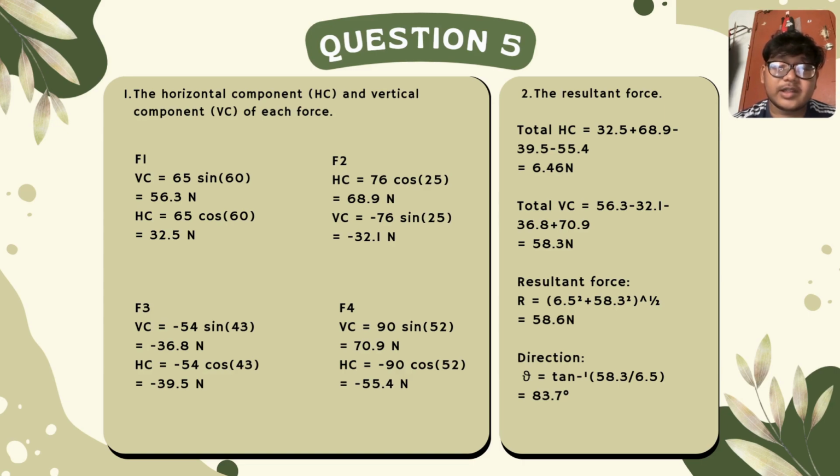For the second force, the horizontal component is 68.9 Newton and the vertical component is negative 32.1 Newton. The horizontal component is positive because it moves toward the right, and the vertical component is negative because it goes downward.